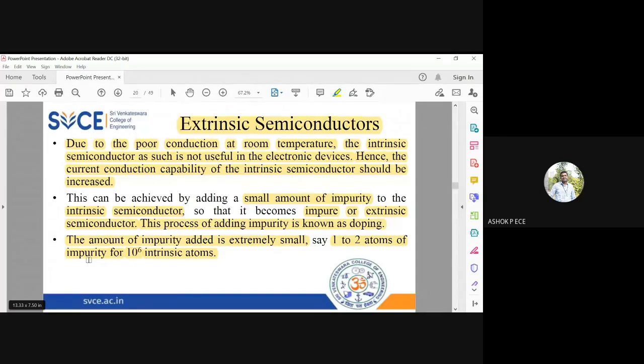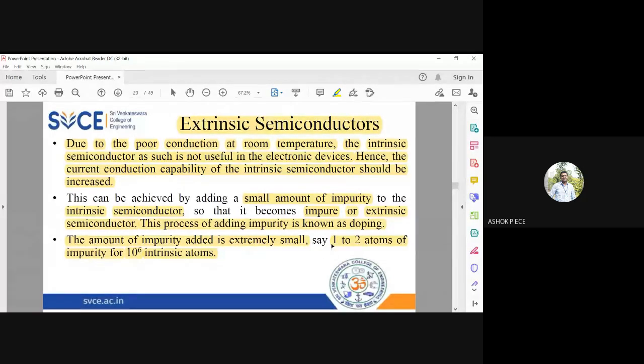So there is a specific ratio in adding the number of impurities. Be clear on that. The process is called doping. What is doping? Doping is the process of adding impurity to an intrinsic semiconductor to make it extrinsic. Why am I doing it? To increase the conductivity. Can I make doping random? No. There is a rule.